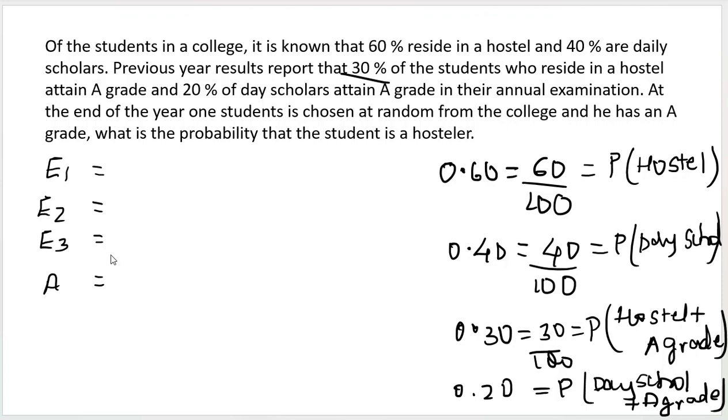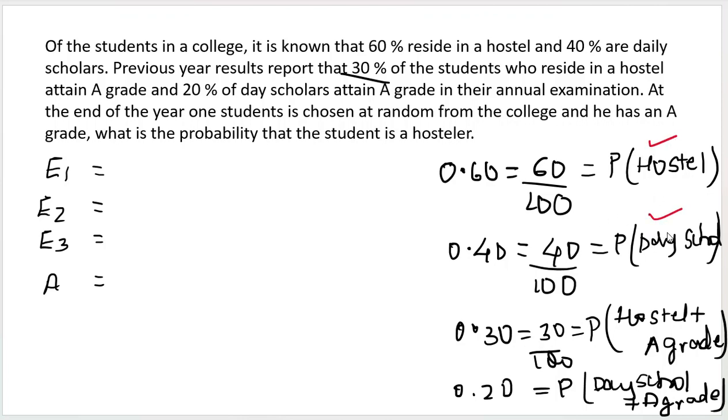So in short, your E1, E2, E3 are those events which have got only one condition attached, and there is a trick to check if the guessing of the events is done correctly. The sum of the probabilities of all these events should be equal to 1. So in this case, if you observe this part, the probability of hostel has got only one event attached.